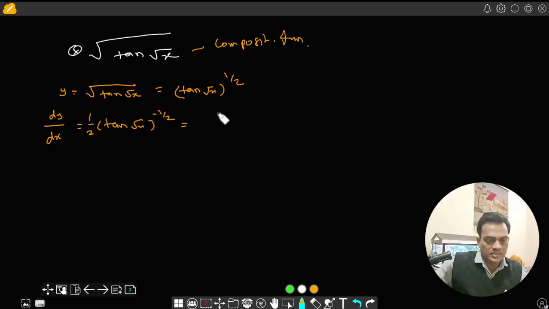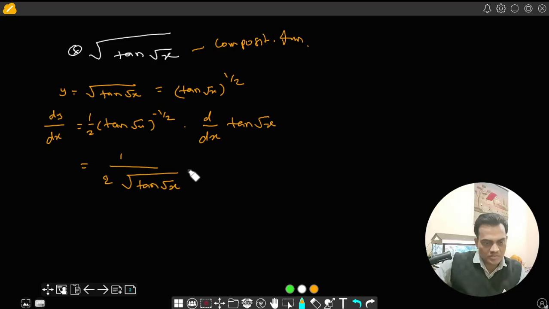So I can represent it like 1 upon 2 square root of tan of square root of x, into, yes, because it is a composite function, we have to take the derivative of tan of square root of x again. Now the derivative of tan x is sec square x. So I will write sec square x, and instead of x there is a square root of x, so I will keep it as it is. Again I have to take the derivative of square root of x.